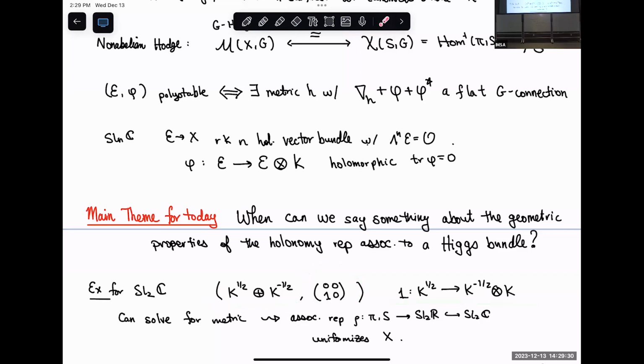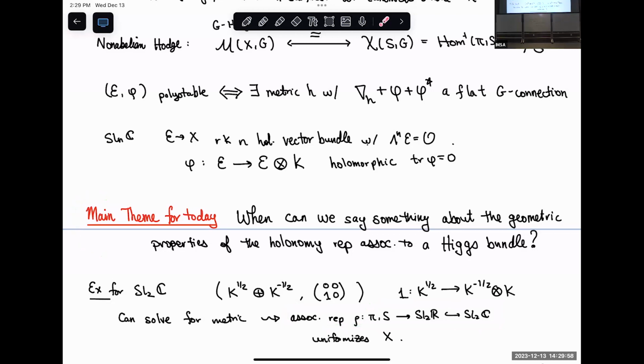And the solution to the equations was the same information as a metric of constant curvature on the surface in the conformal class of your Riemann surface. So this means the associated representation is the representation into SL2R in this case, which uniformizes the Riemann surface you're on. So that's a great first success for our theme.